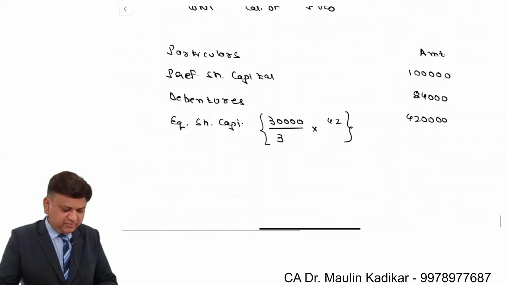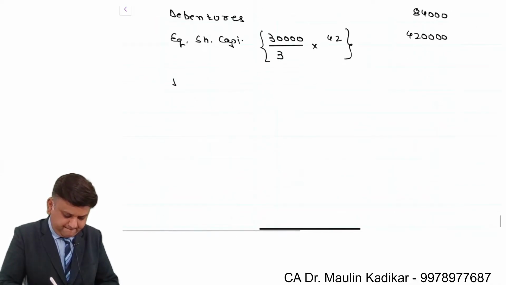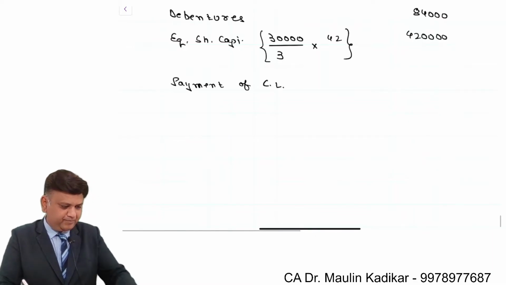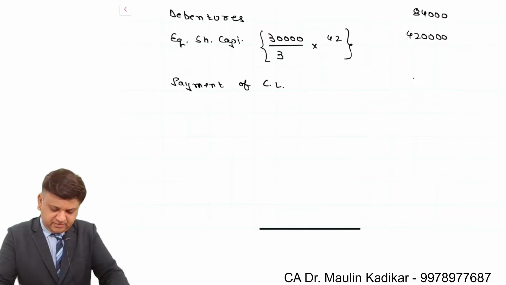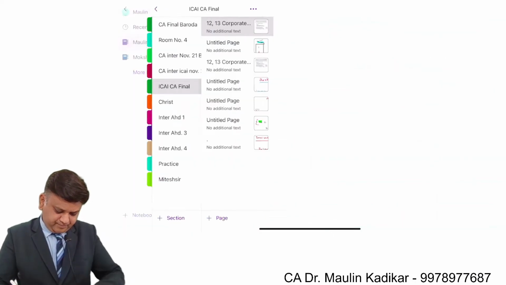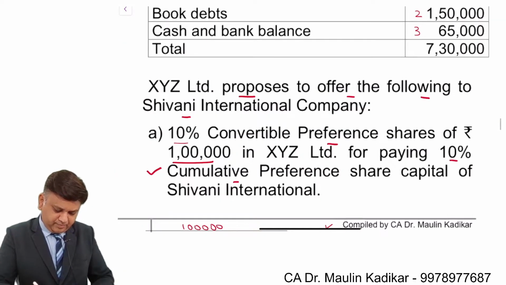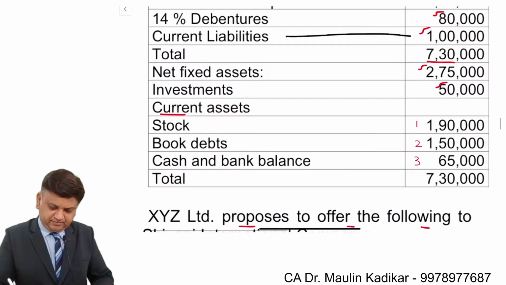Next is payment of current liability. That is an amount of rupees 1 lakh. The current liability is 1 lakh.